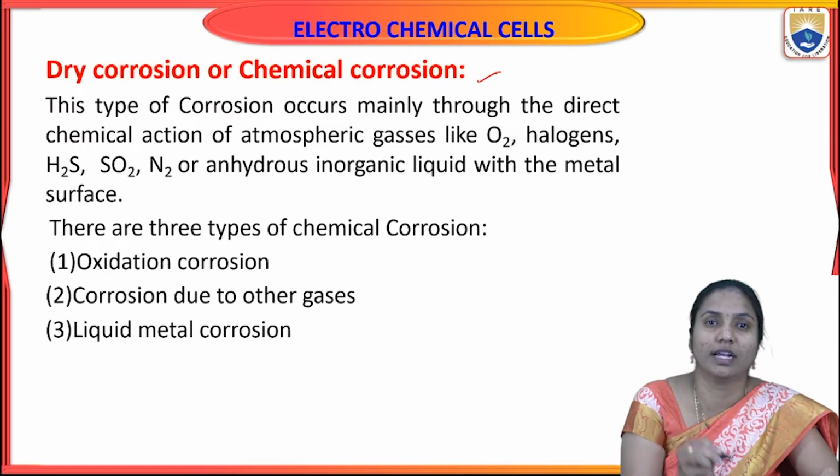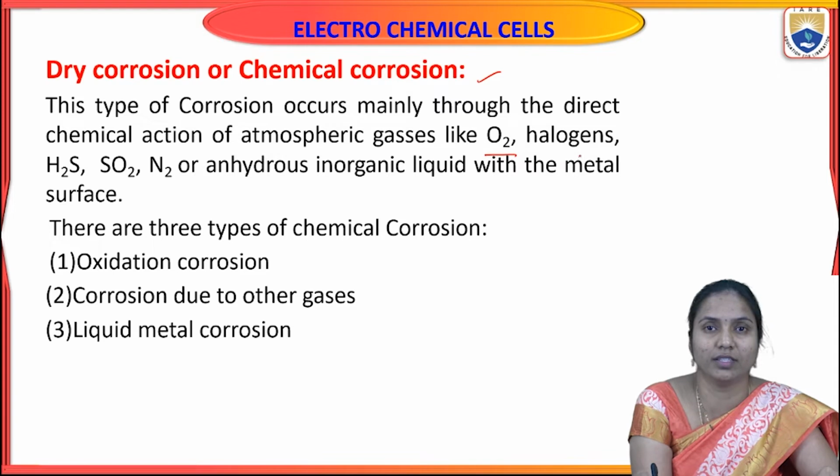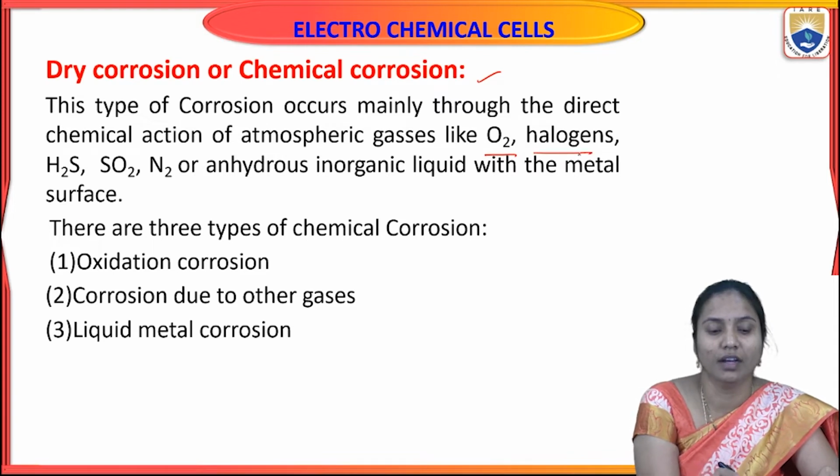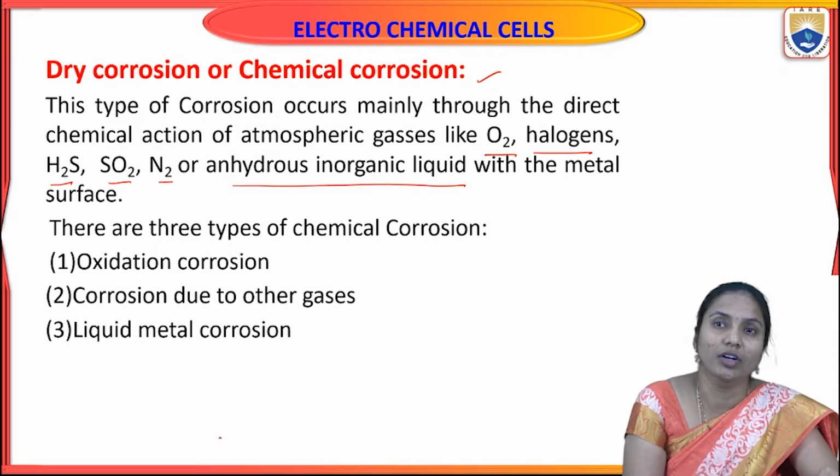So first we discuss dry corrosion. What is the meaning of dry corrosion or direct chemical corrosion? It is the direct chemical action of the environment or atmospheric gases, such as oxygen, halogen, hydrogen sulfide, sulfur dioxide, nitrogen, or anhydrous inorganic liquid, on the metal surface.